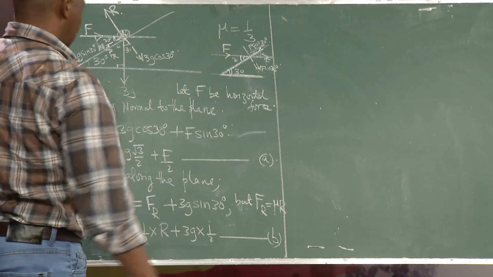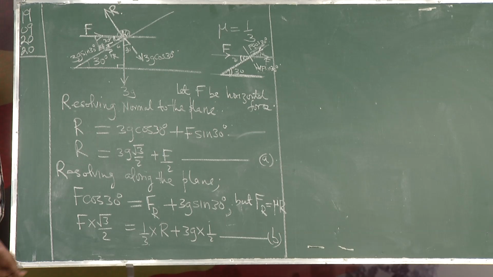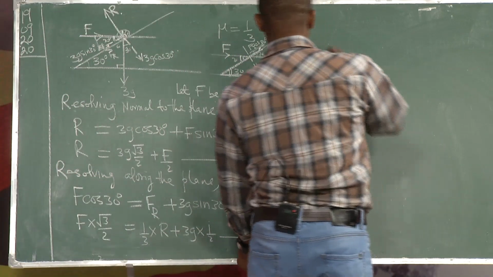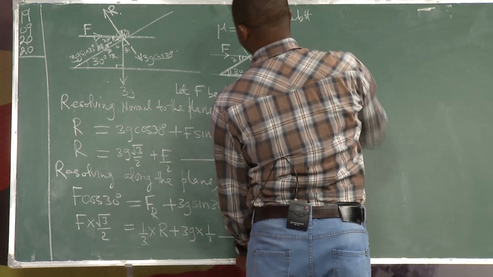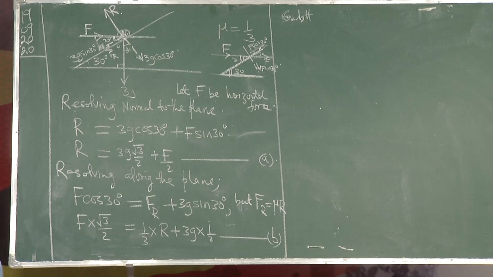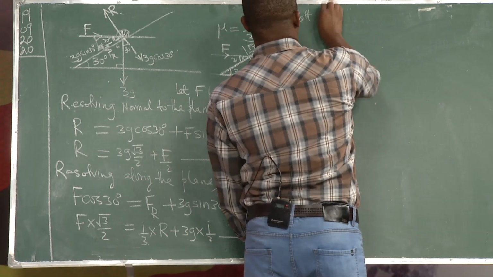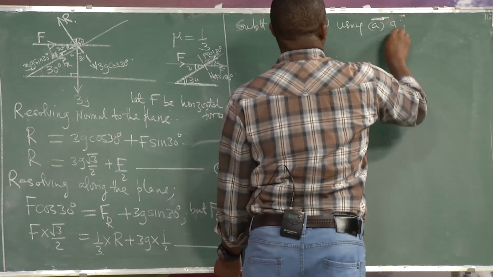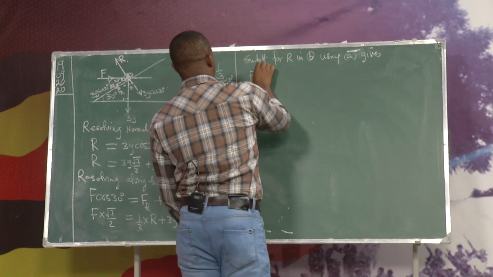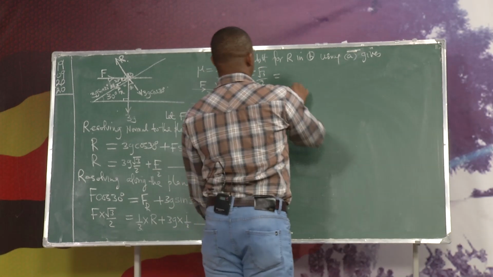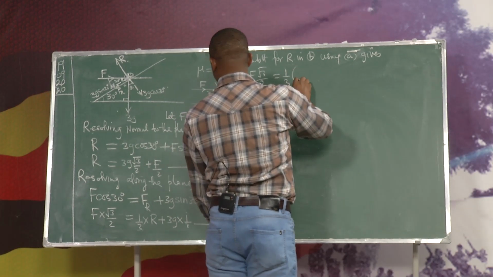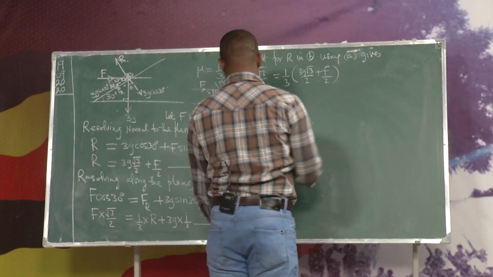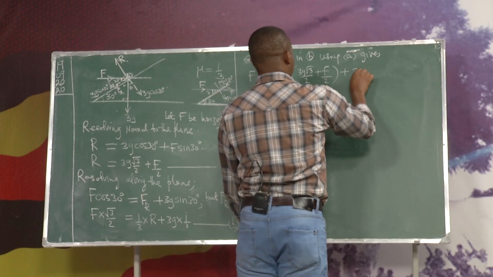So we are interested in finding the value of F. That means we can substitute for R in equation B using equation A. If we substitute for R in B using A, it will give us that F root 3 over 2 is equal to a third into R. But my R is 3g root 3 over 2 plus F over 2, then plus 3g over 2.